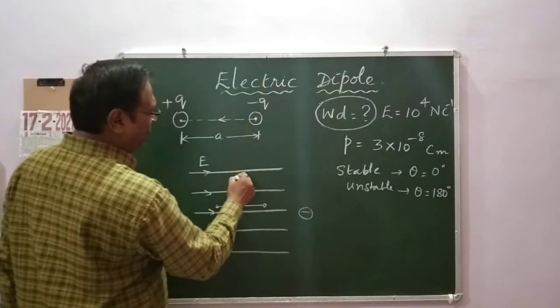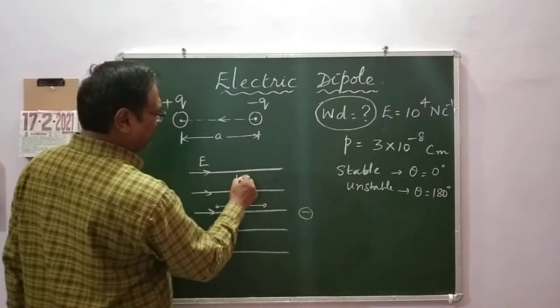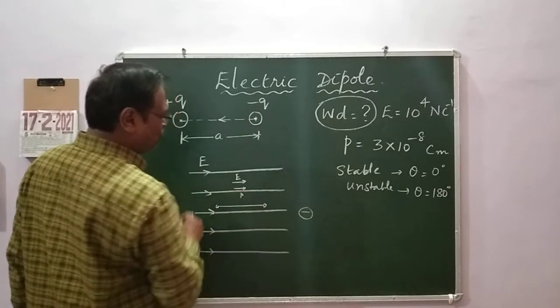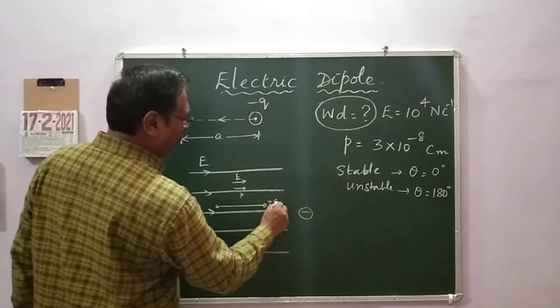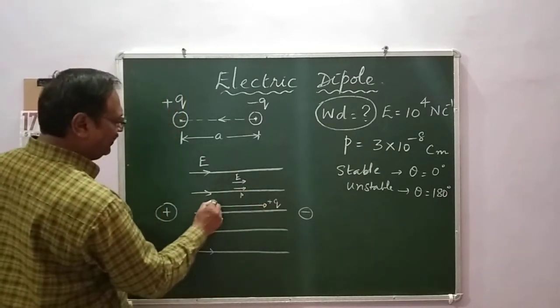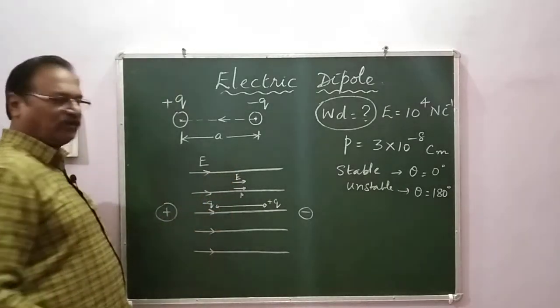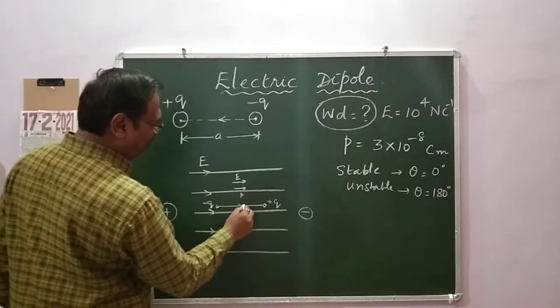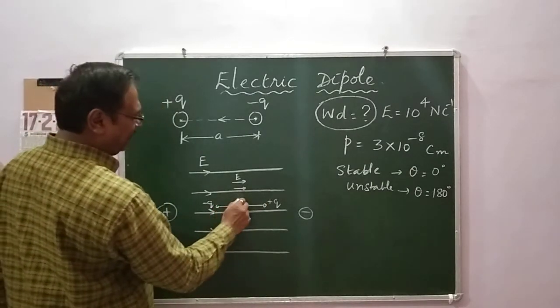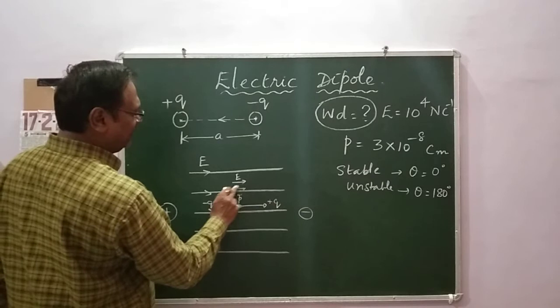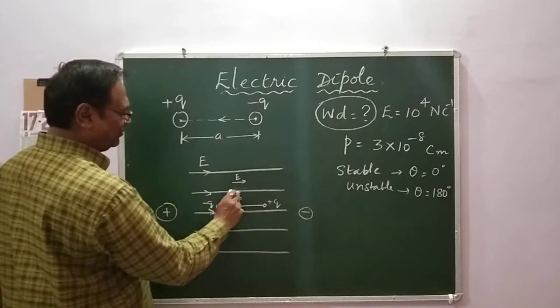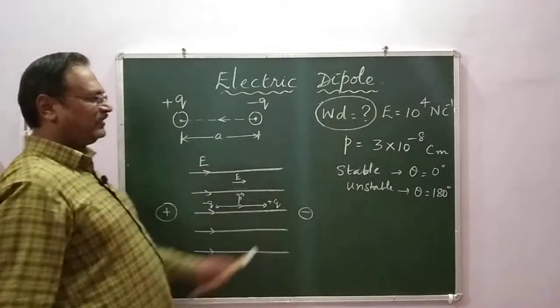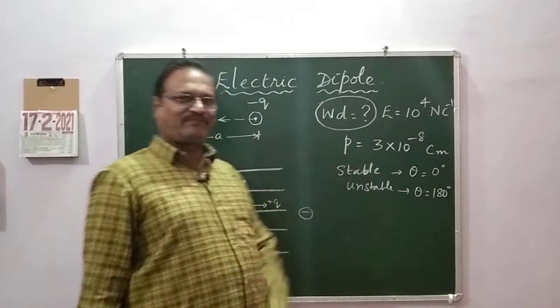So the dipole moment also should have the same direction, E and P. So this is going to be positive Q and this is going to be negative Q. The dipole moment acts from negative to positive, and the electric field is in the same direction. So when they are in the same direction, it is in stable equilibrium.